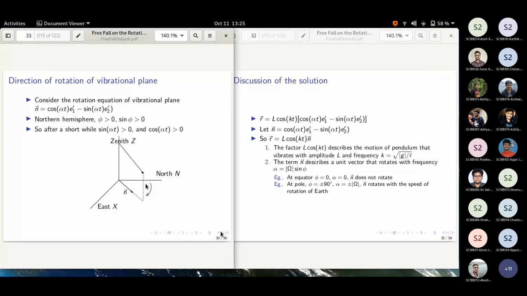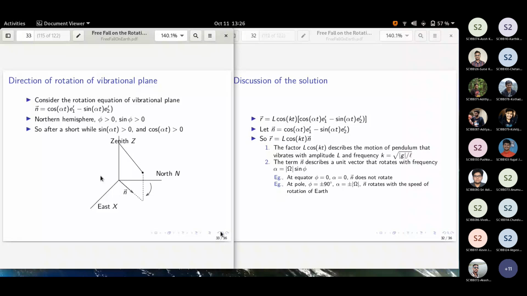There is something off here. If you look at cos of alpha t and sin of alpha t, if both are positive, then you have in the north direction, it will go to the south direction, right? So if I start from the east, the question is, will it move clockwise or anti-clockwise?